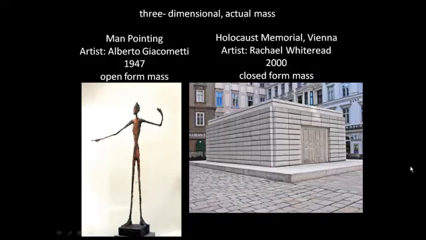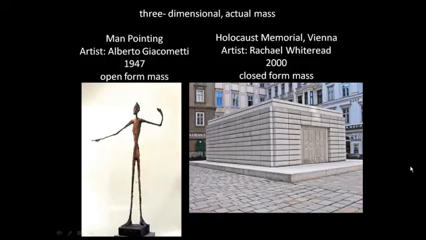What this term three-dimensional is referring to is works of art that occupy our real physical space, fully rounded objects. So examples of this would be sculpture and architecture. This is opposed to two-dimensional works of art, which are flat, things like paintings and drawings.